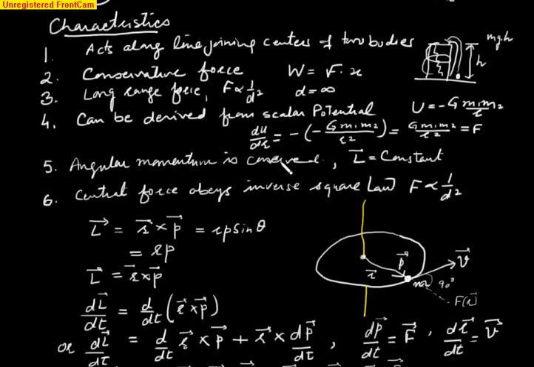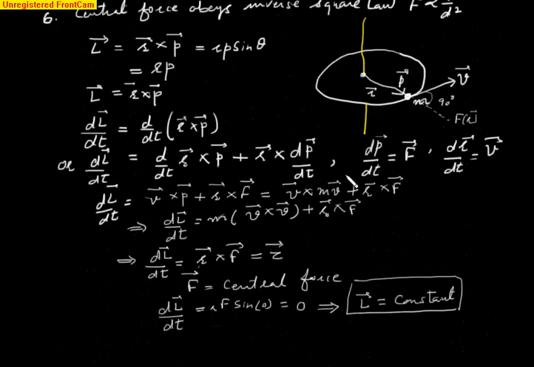So this is the fifth characteristic, which is about L equal to constant, or angular momentum is conserved. So this is about the gravitational force, the law of gravitation, and the main points about the gravitational force.